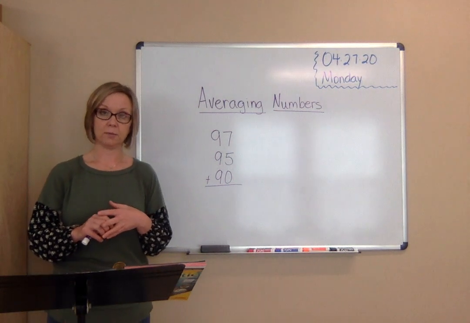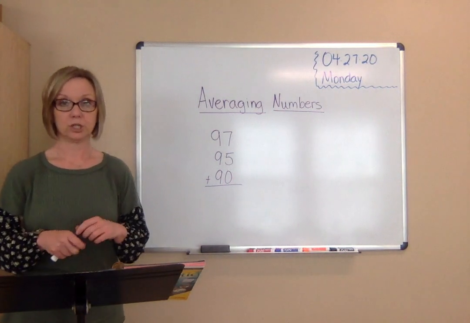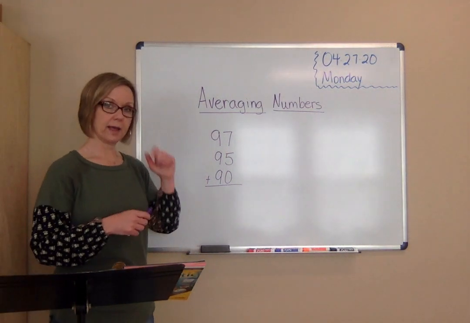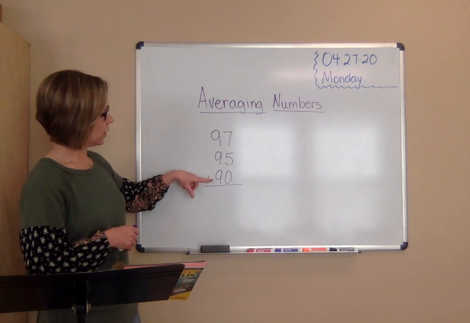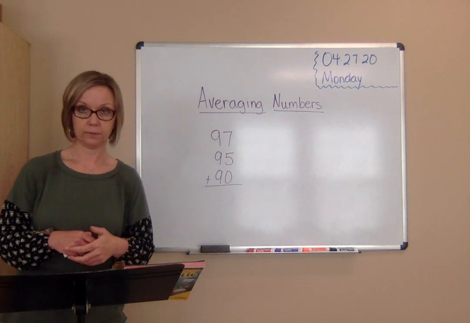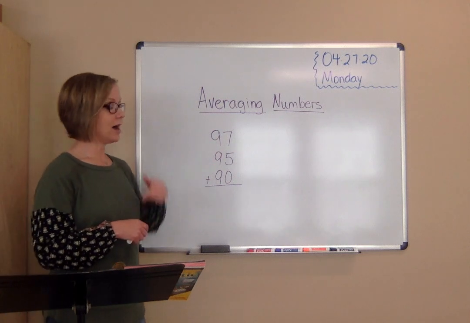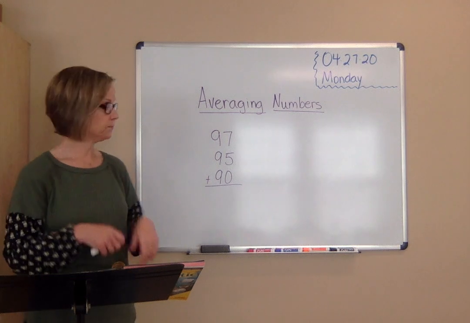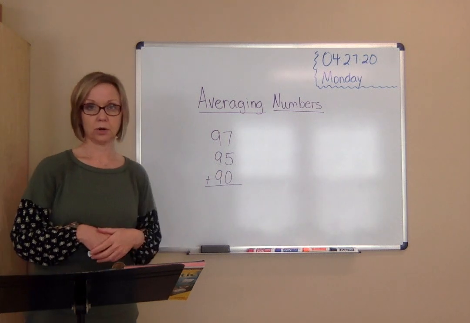Next thing I want you to think about, when you are averaging numbers, I want you to think about in your head the lowest number you have and the highest number you have. In this list, our highest number is 97. Does everyone agree? Okay. Our lowest number is 90.